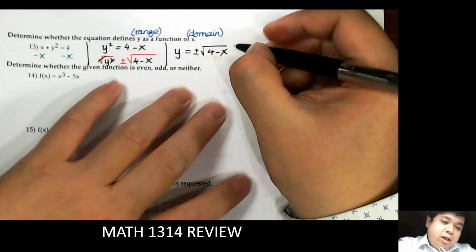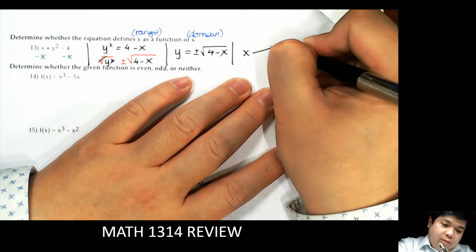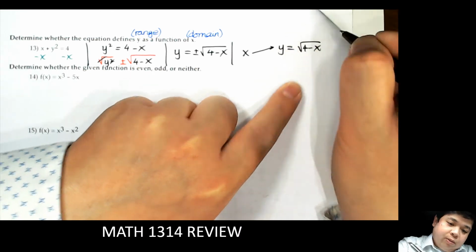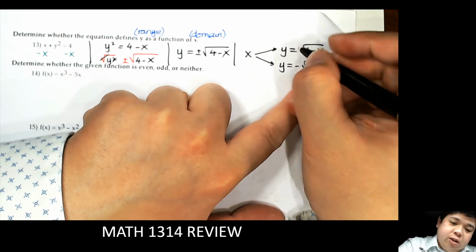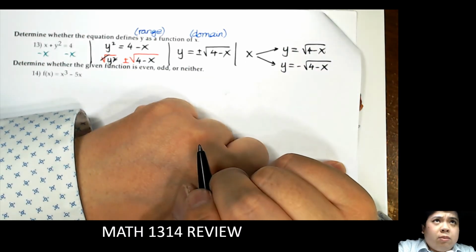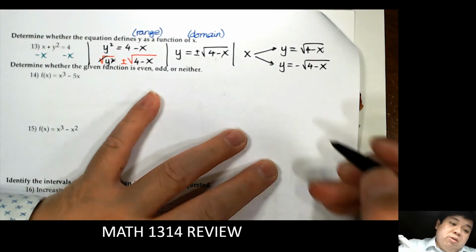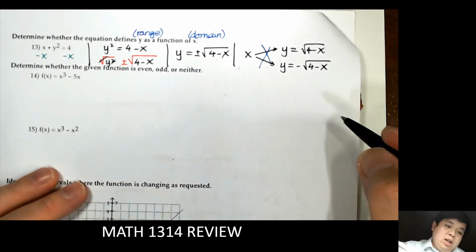So pretty much here what I have is one x value gives us a positive square root and y equal to a negative square root. So it cannot be a function because one x value gives us two y values, so it's not a function.